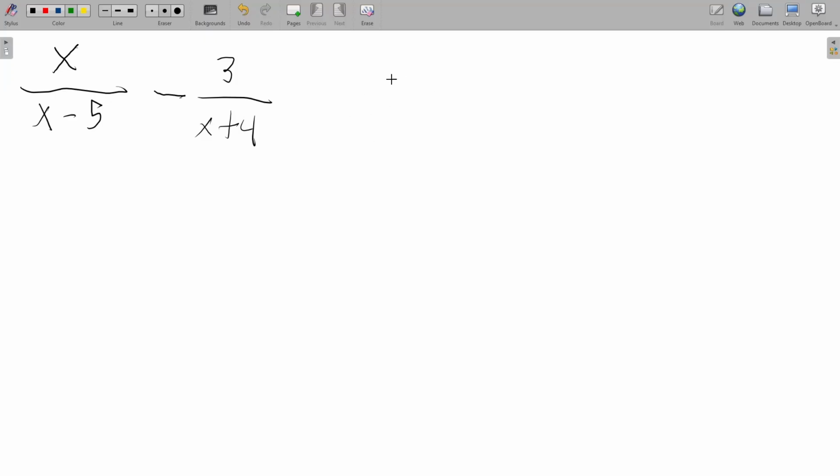Okay, what's our LCD, right? Okay, well we know we have polynomials, so we know it's just going to be this, right? X minus 5 and then x plus 4. So when we multiply this to each fraction, really the 3 is just going to be 3 times x minus 5 and then x times x plus 4, right? And so this is what it'll look like.